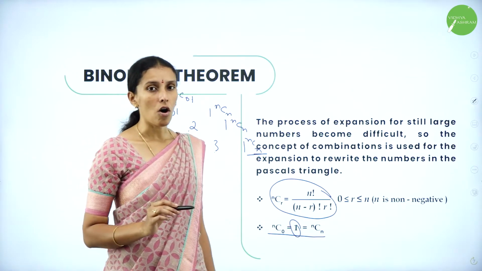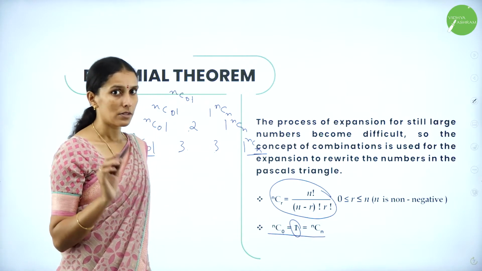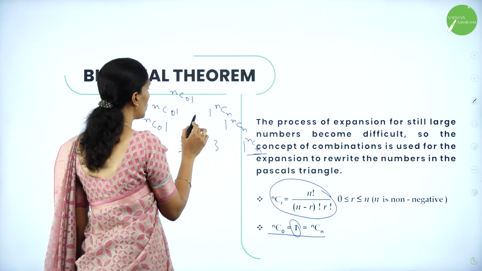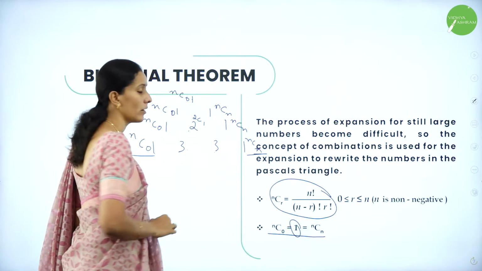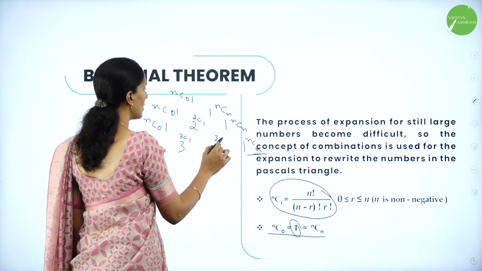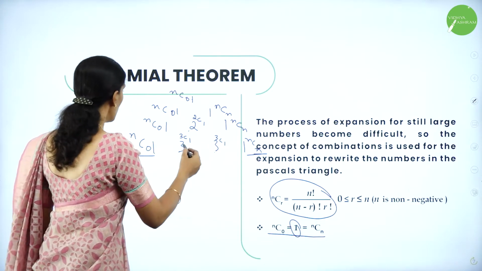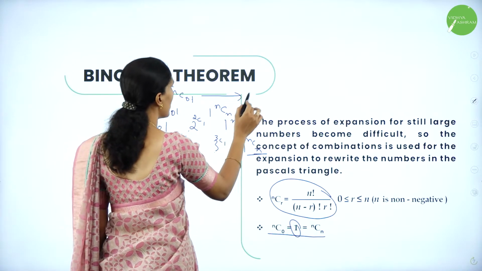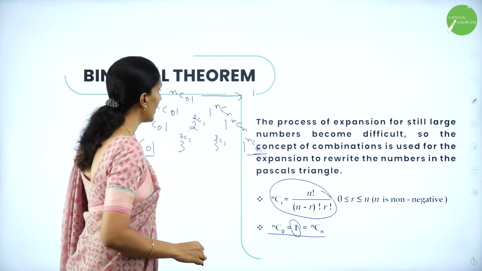That depends on the index. For example, here this is nothing but 2C1. Here it is nothing but 3C1. So when you go on, here I can just replace. This is for index 1.